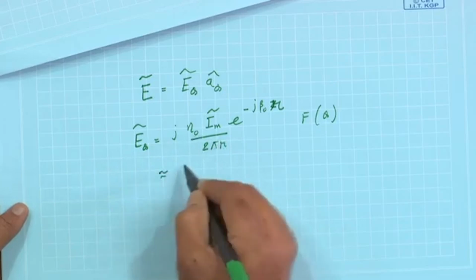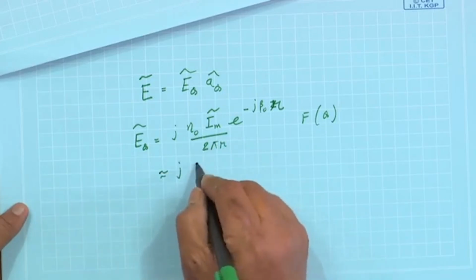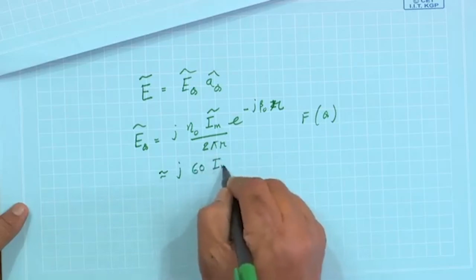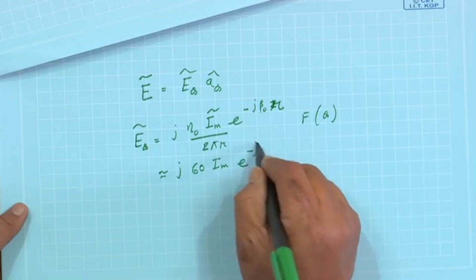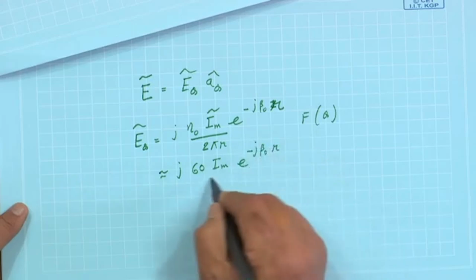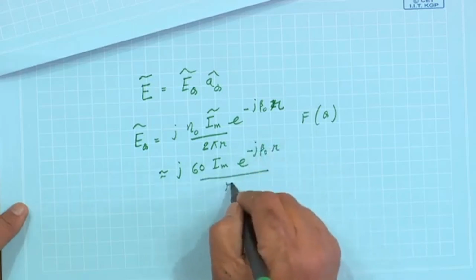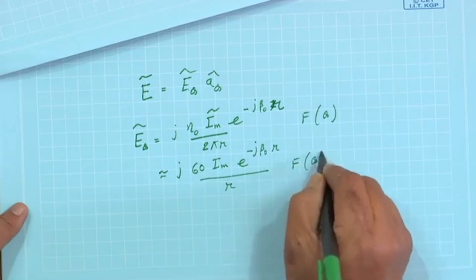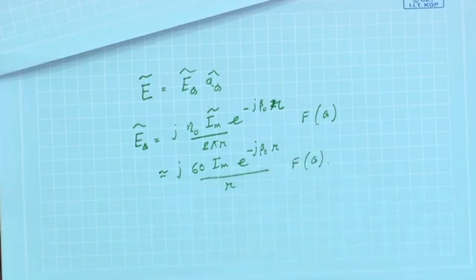So, this we can write as j 60 Im e to the power minus j beta naught r by r, times f theta. So, we have got the electric field.